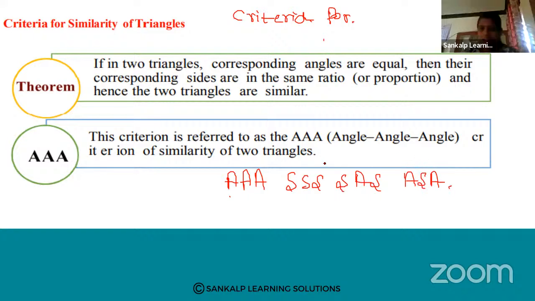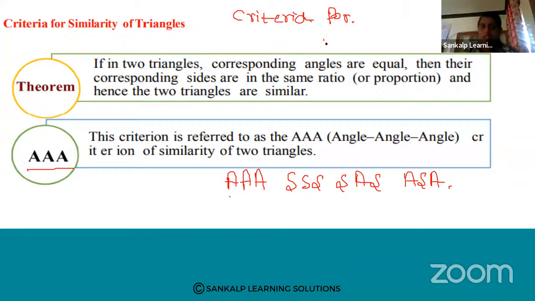We used to observe all of these. Like that, here also we are going to observe the criteria for similarity of triangles. The first one is AAA, that means the angle criteria of similarity of triangles. If in two triangles, corresponding angles are equal, then their corresponding sides are in the same ratio, and hence the two triangles are similar.